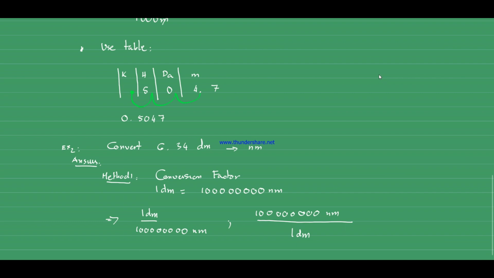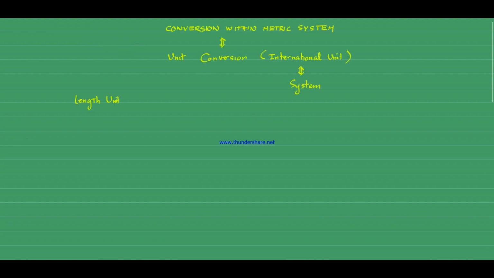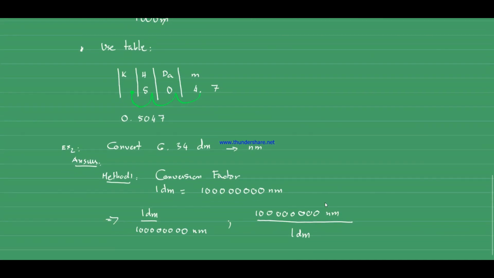Okay, now we convert 6.34 decimeter. Now you're gonna go ahead and multiply so that you can cancel the decimeter, which means you have to use this conversion factor right here.